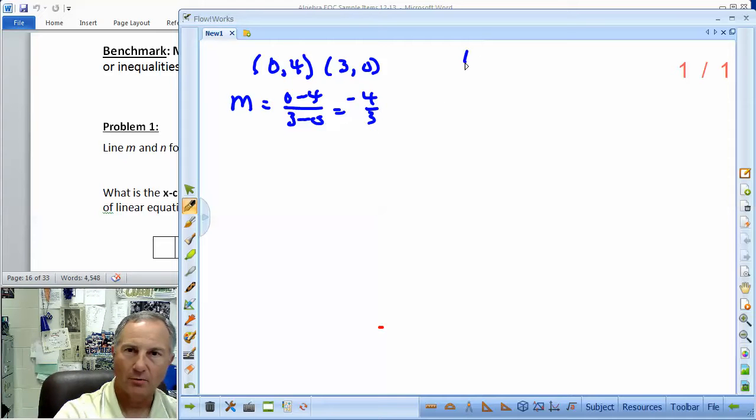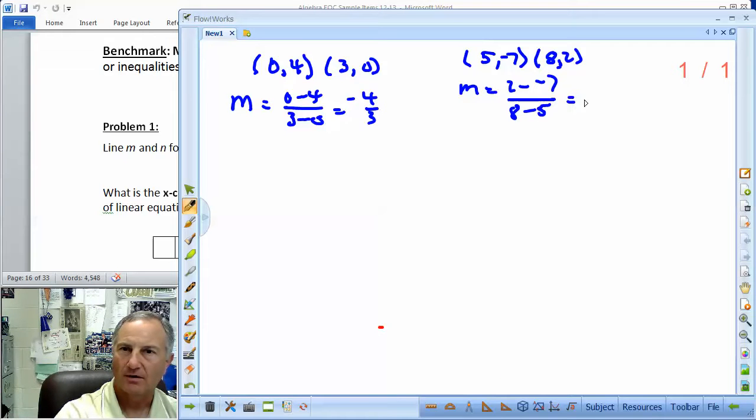My other points were (5, -7) and (8, 2). So my slope for this line is 2 minus a negative 7 over 8 minus 5. It's plus positive, so I get 9 over 3. I get 3. Now we're going to find the equation using y equals mx plus b.